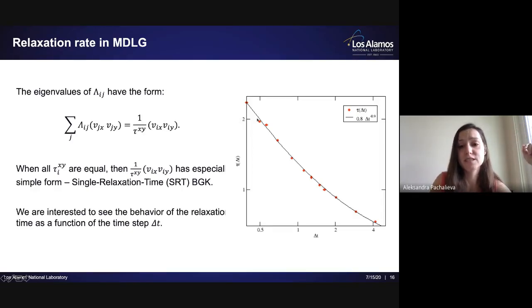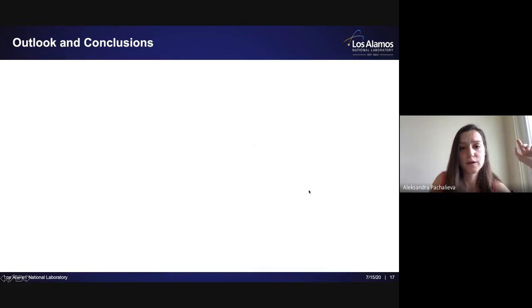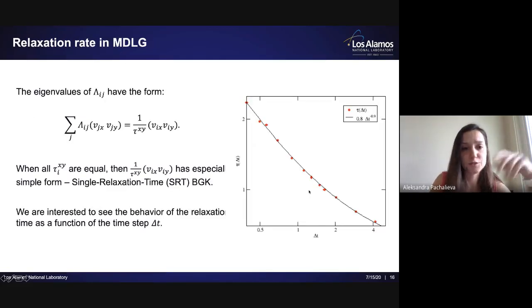What we see is that the behavior of the relaxation time can be seen as a function of the time step, and basically it has this function. But these are preliminary results actually. That could be a very interesting plot when we understand it completely. If you have any questions, we can talk about this later. I think I'm over my time.